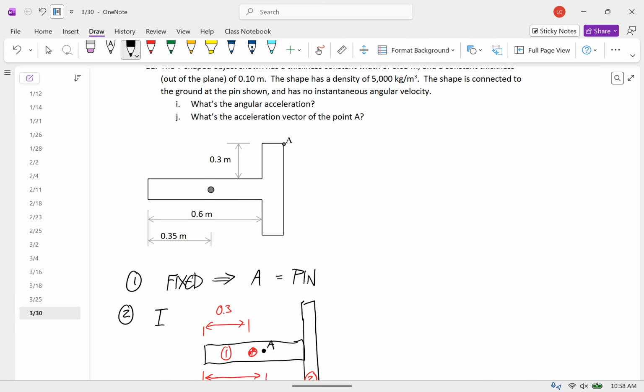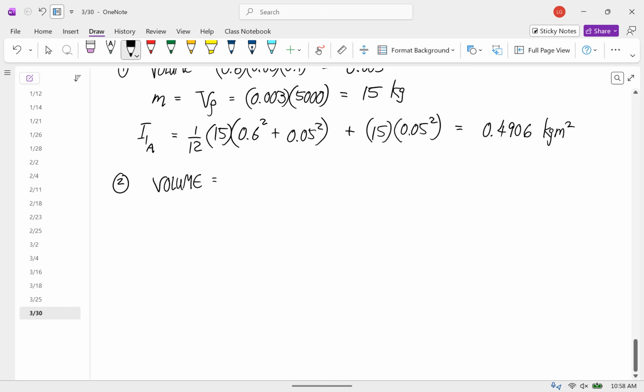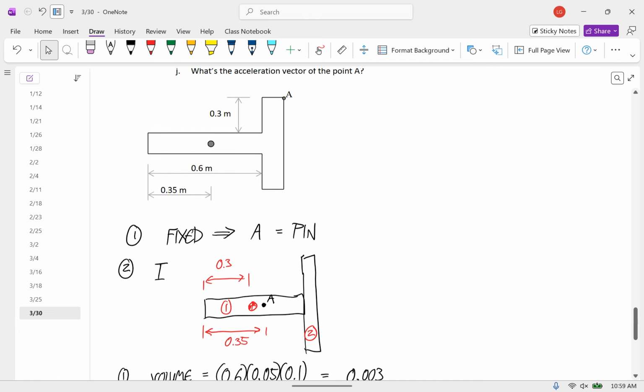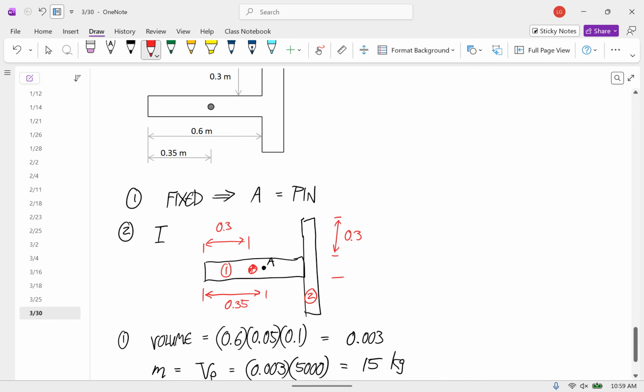So that is 0.65, times the width of the rectangle times the thickness. This is 0.3, and this is 0.3.